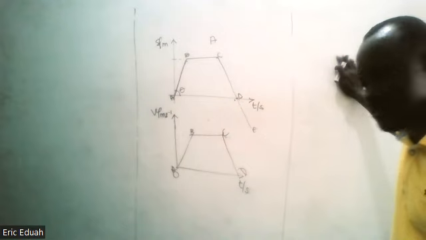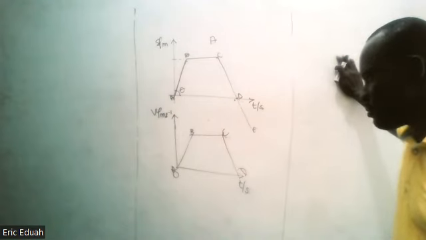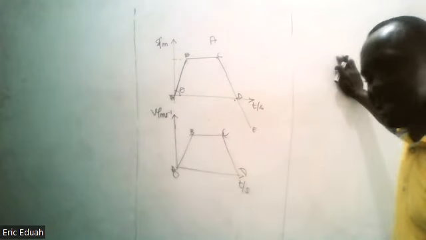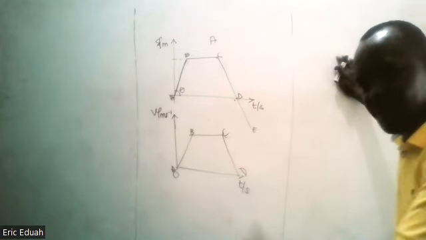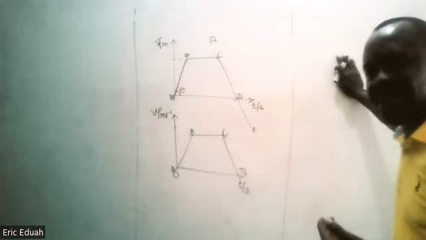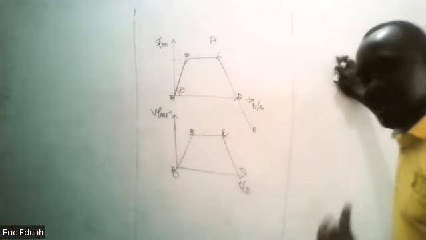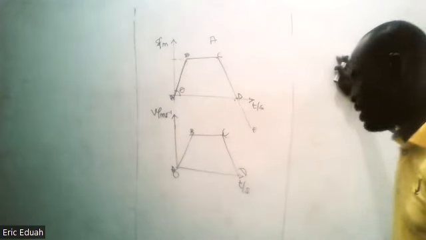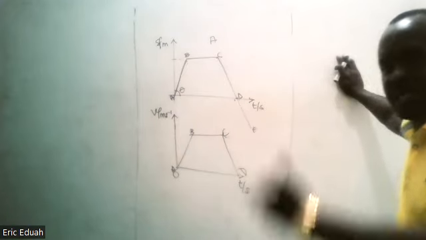Then from C to D, it started decelerating. So from C to D, the body decelerates uniformly. From A to B, the body accelerates uniformly. C to D, the body decelerates uniformly.